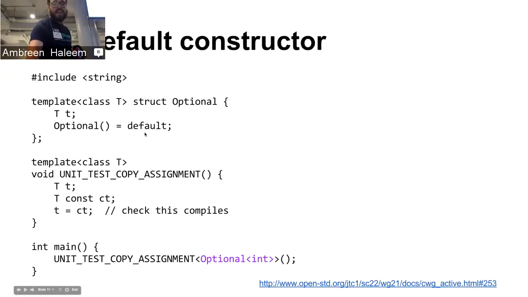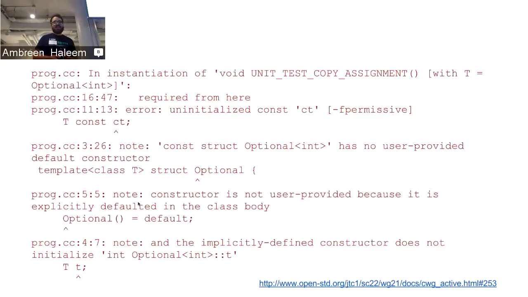And that means that due to a weird little paragraph in the standard, we go to make a const one of these guys, and the compiler complains to us that we have an uninitialized const variable here.